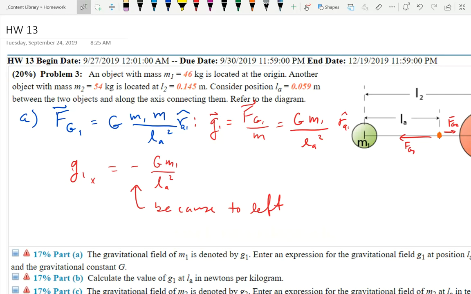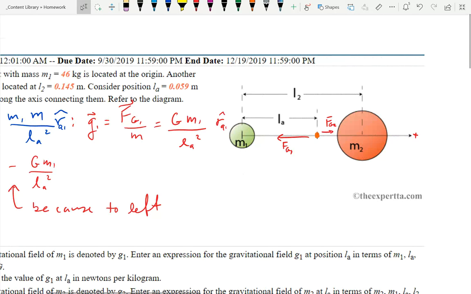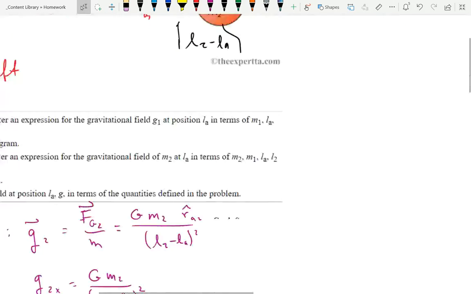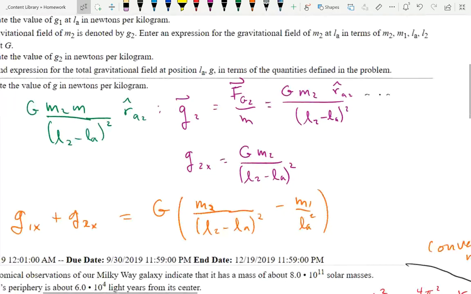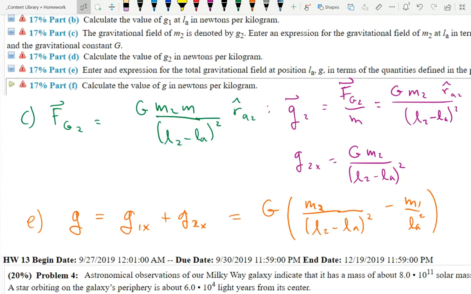And so for C, what's the difference between A and C? Is it like you just have to do L2 minus LA? Right, this distance here is L2 minus LA. And so for C, it's now M2 instead of M1 because you're looking at a different mass.